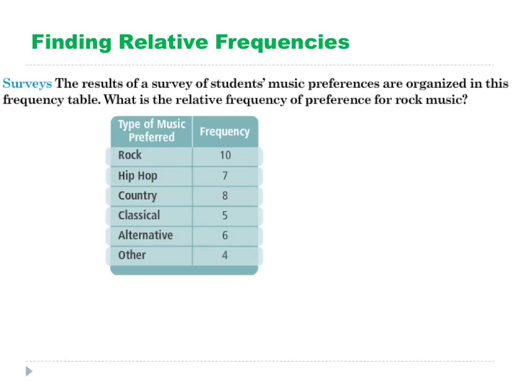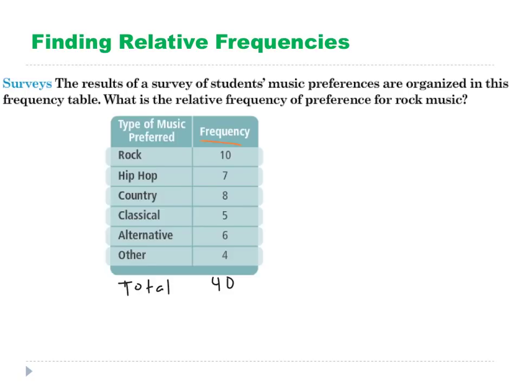Well, let's see. We have 10 plus 7, there's 17. 8 more, there's 25. Then 5, we have 30. Plus 6, 36. Plus 4, so we have a total of 40 students that were surveyed here. Now, how many of them preferred rock music?